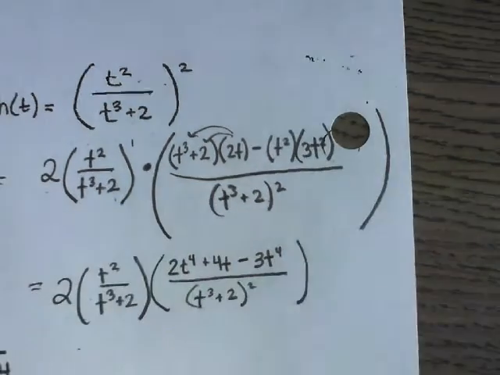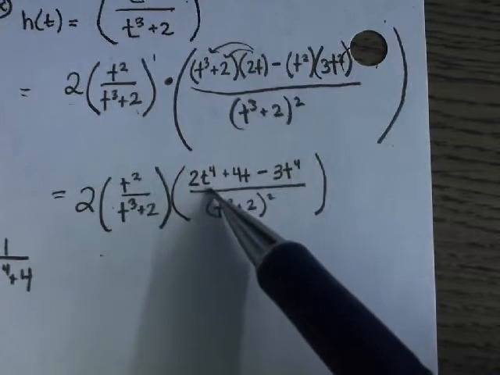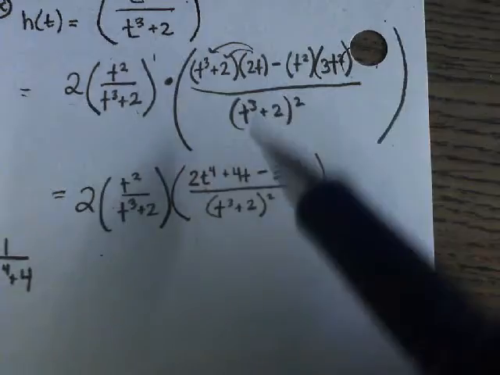And then I can, nicely enough, combine this. 2t to the 4th minus 3t to the 4th is negative t to the 4th.